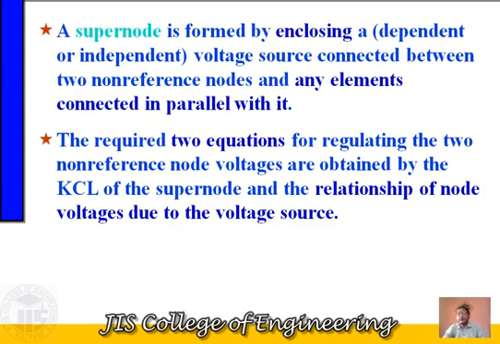It means whenever we consider the super node as a single node, we can apply the KCL, and for the two nodes within that super node we have to write the voltage equation. Then the problem is solved. So let's see how we can solve it.